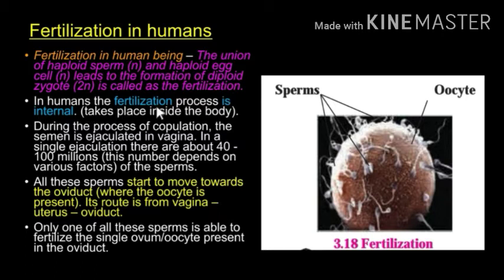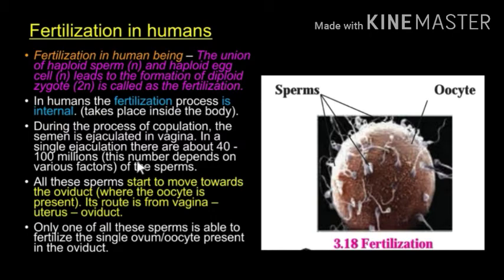In humans, the fertilization process is internal, that means it takes place inside the body. During the process of copulation, copulation meaning the act of sex, the semen is ejaculated in the vagina. In a single ejaculation, there are about 40 to 100 million sperms.